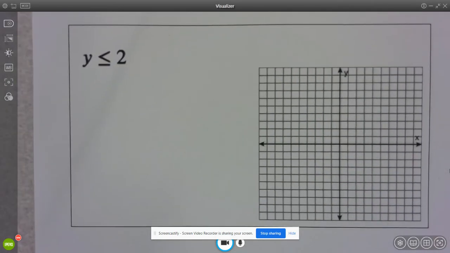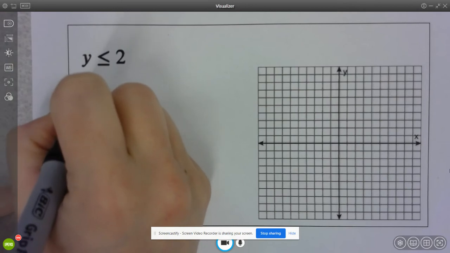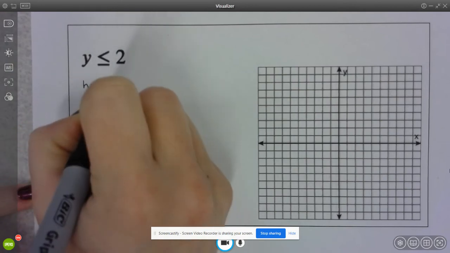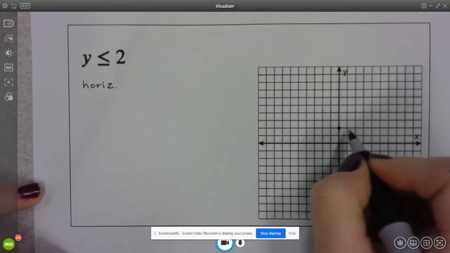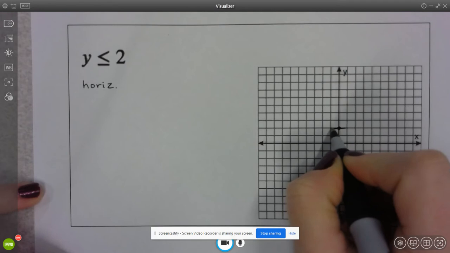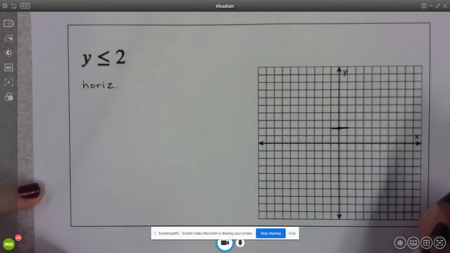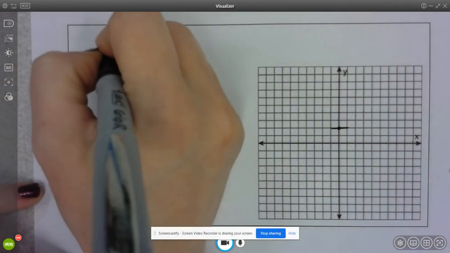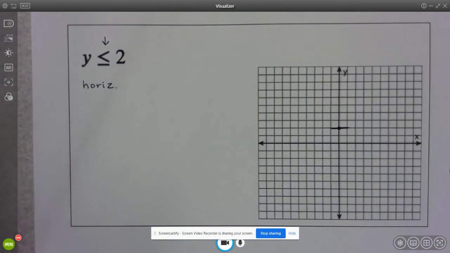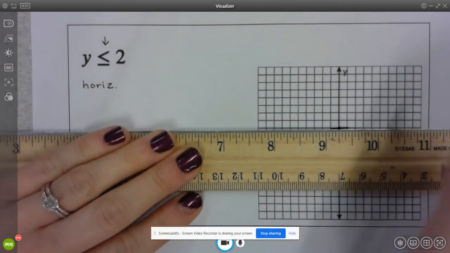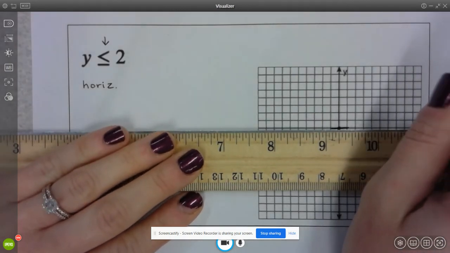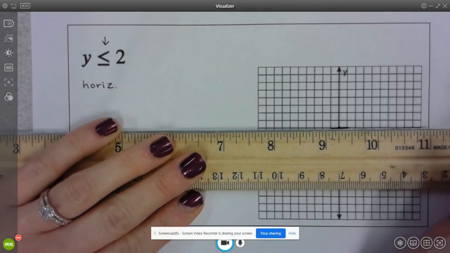Next one we're going to look at is y being less than or equal to 2. We know from graphing last week, this is a horizontal line. So I'm going to go to where y is 2. And it's going to be a horizontal line going straight through y equals 2. And since my inequality sign has an equal to, in this case, all of those points are part of my solution set.